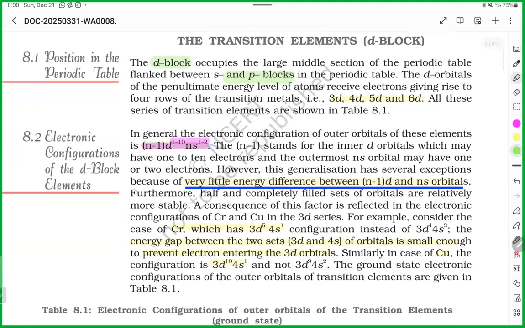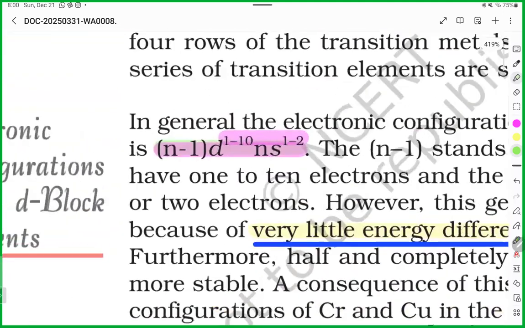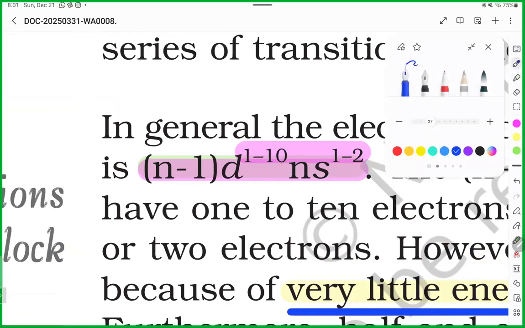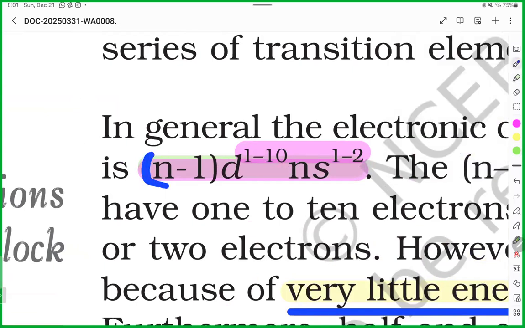How to write this electronic configuration is important. (n minus 1)d, ns 1 to 2. Sarah, what is (n minus 1)d? What is the name of this shell?